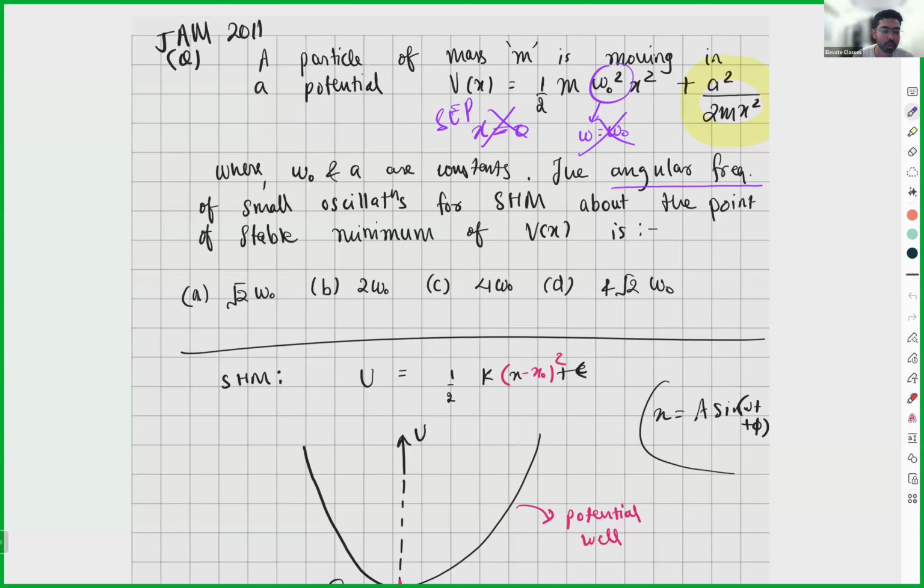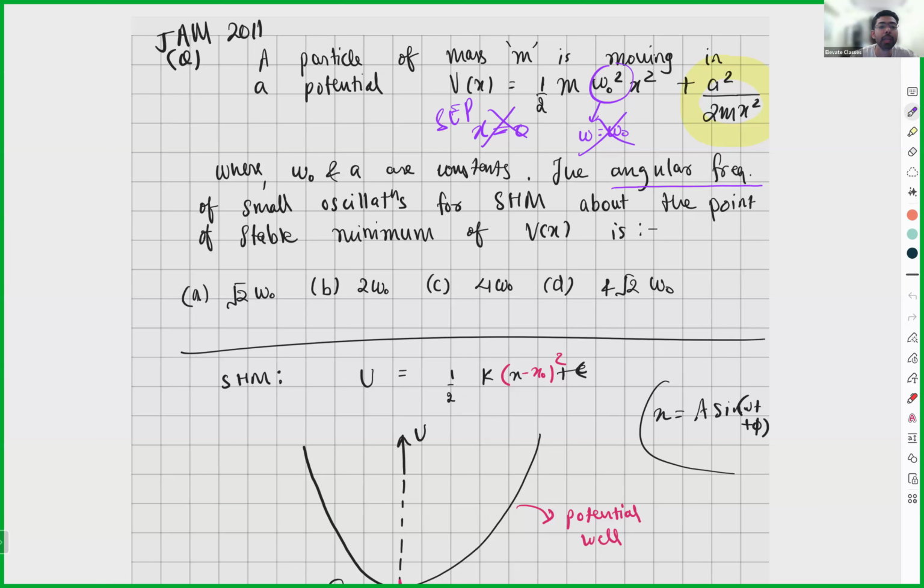For example, you are given a random system. You have to find the force on a particular particle, and that force comes out to be proportional to negative of displacement for a small oscillation. This you have to first do through the binomial expansion.